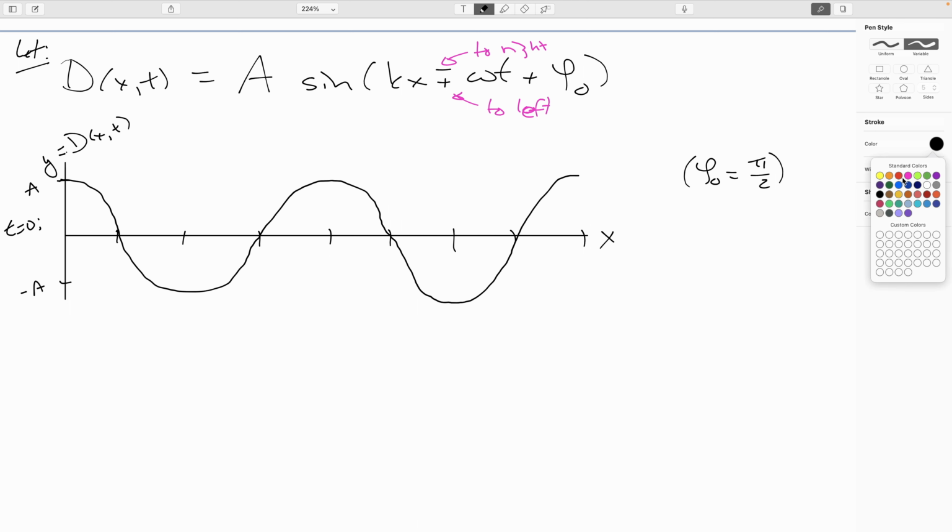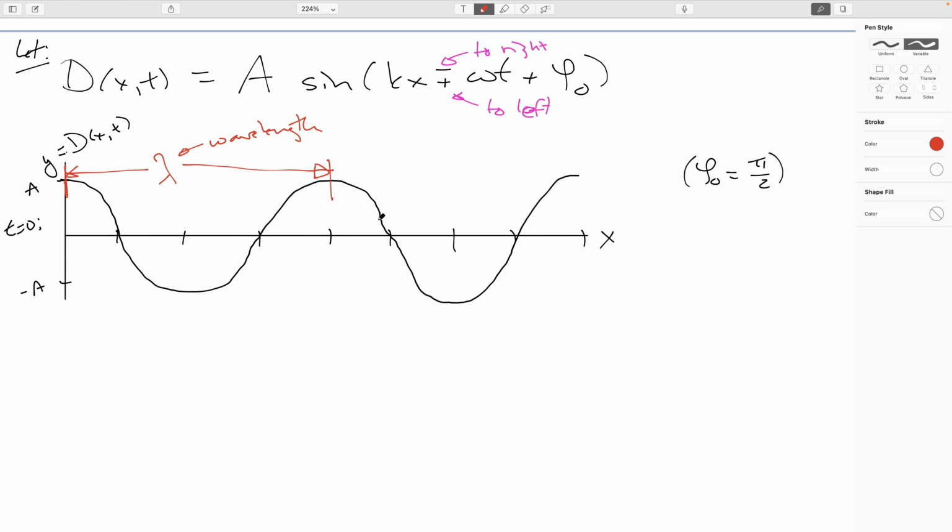And just to define some terms here, we can see that we have repeated peaks, and so we can define the distance between two peaks to be the wavelength of the wave. And so that is a lowercase Greek lambda.